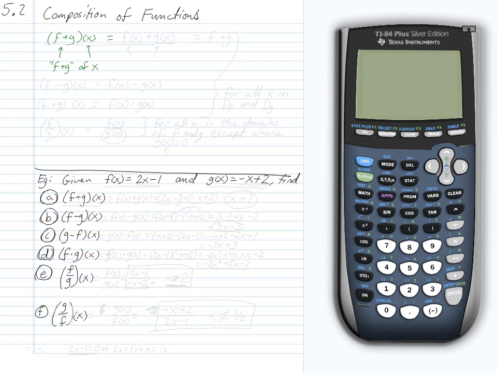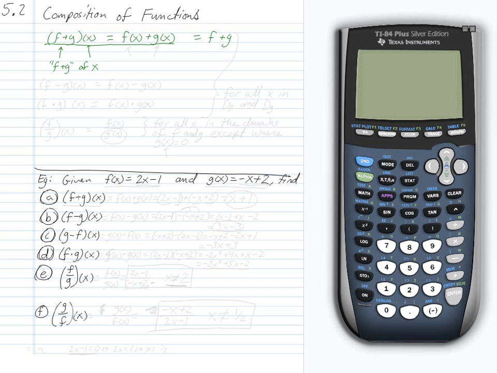So f plus g of x means f of x plus g of x. We sometimes drop the x part and we just call this f plus g. But these are the two notations that are going to be the most useful for us in the section.